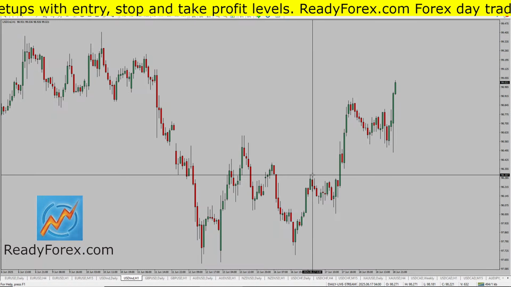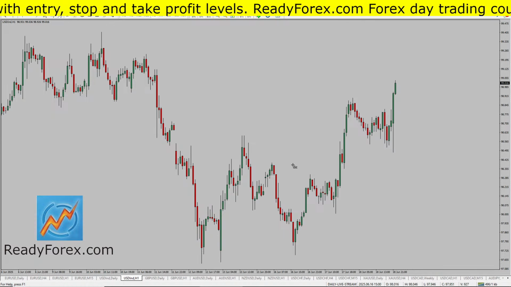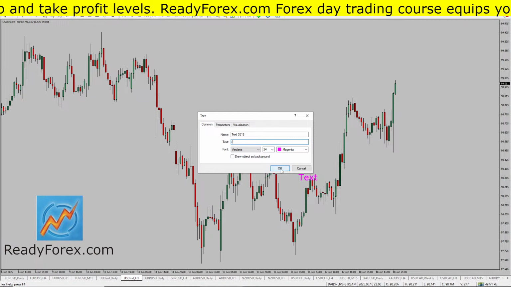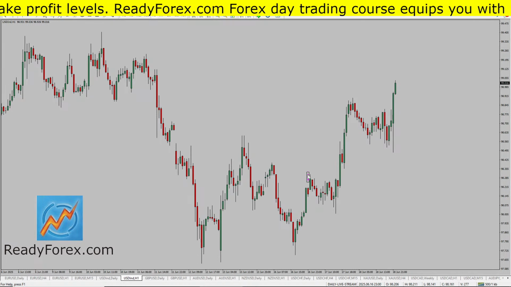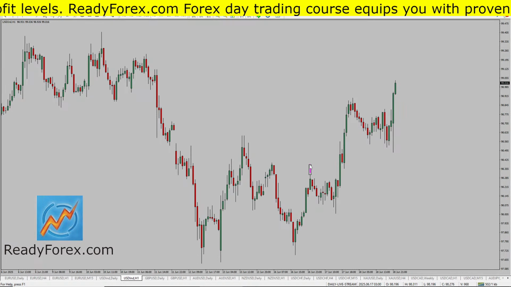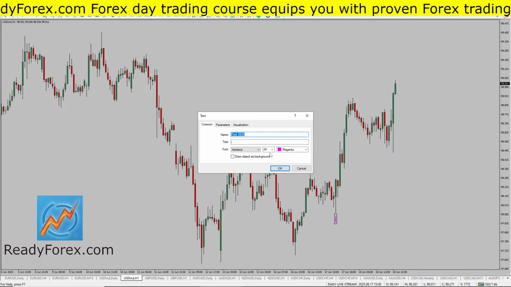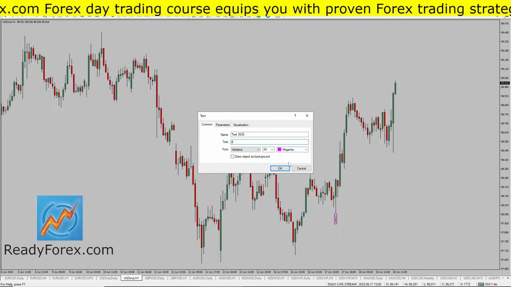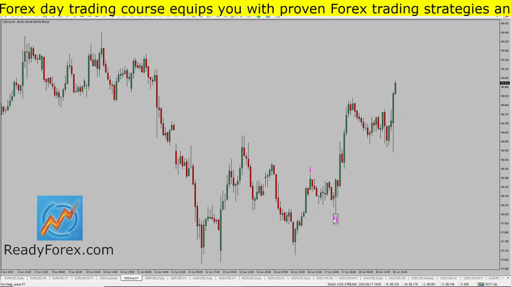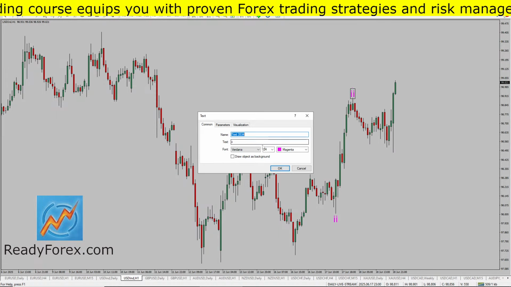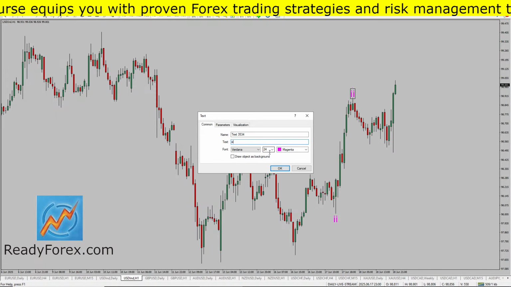Now it seems to me we got this as a bullish wave 1 over here. We got this as bearish wave 2, and then this looks to me like a possible bullish wave 3.